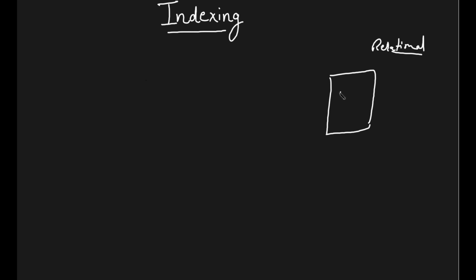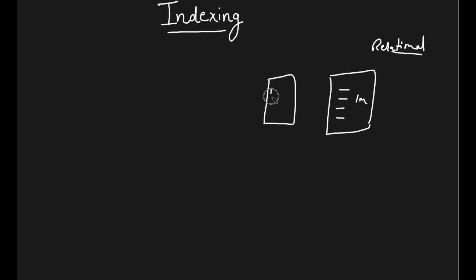You will think, let's create an index on a table. If your table has, let's say, 1 million records, you will create an index on a particular column on which you want to search. In default cases, that column would be your primary key.